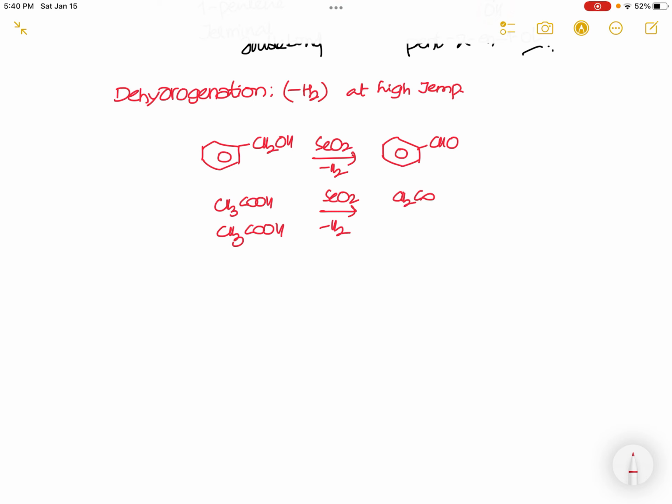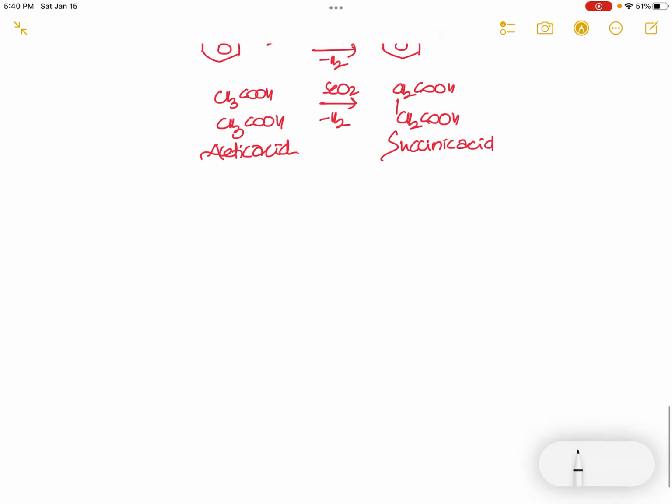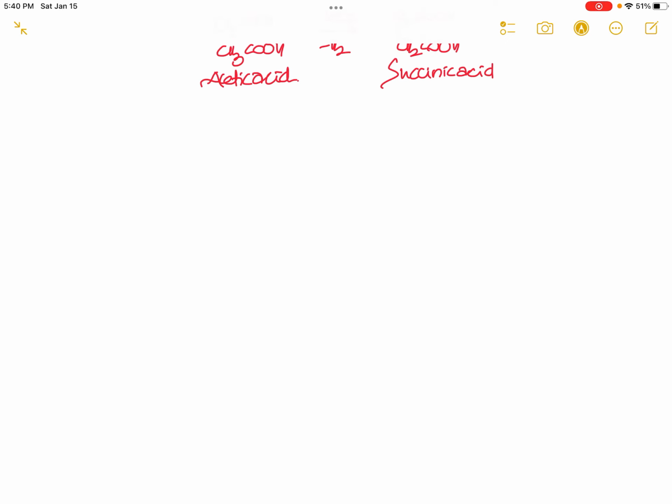It will become CH2COOH, CH2COOH, and a bond is formed. So from acetic acid you can prepare succinic acid. And if you are having, like this, hexane 2,5 dione.